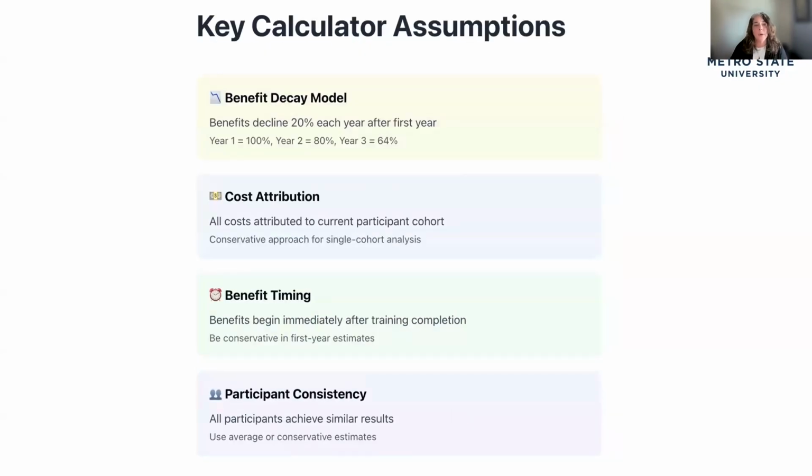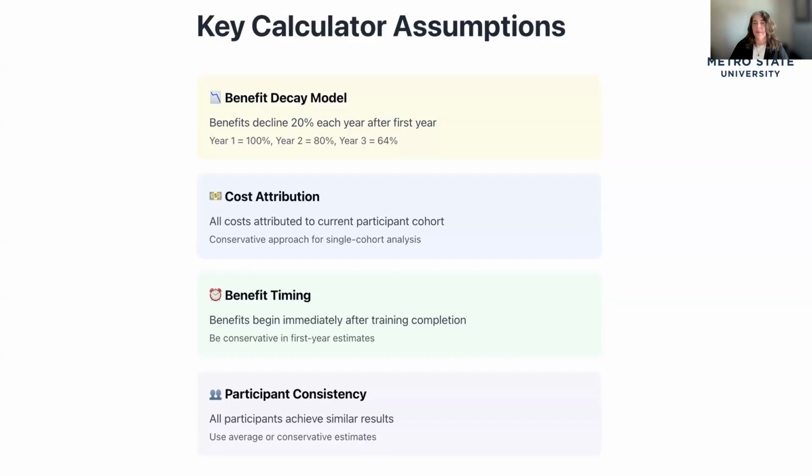All right. So there are some assumptions that the calculator work I'm going to show you has. I'm going to quickly go over these. Benefit decay. In other words, if you take a participant, a particular person, they go through a learning program. And whatever benefits we want out of that person on the job, those benefits are going to decline year over year.